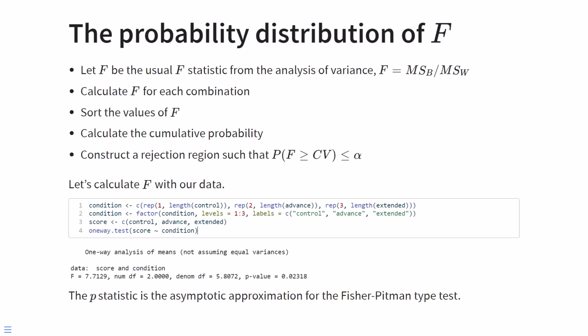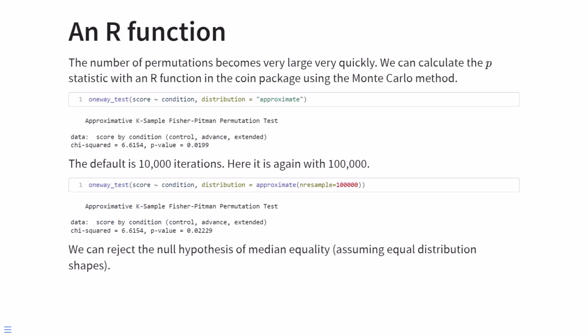That is not from the Fisher type randomization test, but it is the asymptotic approximation for the Fisher-Pitman type test. That is, with large enough samples, we will gradually approach the results that we would get from a standard one-way analysis of variance. There's an R function that can help us do the actual test.